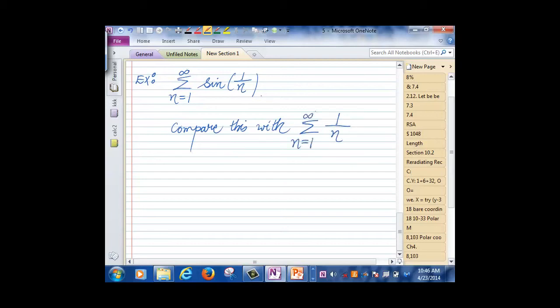And you might say, hey, why do you want to compare it with 1 over n again? Well, here's why. When n is big, 1 over n is very small, right? Now, you have to remember one fact about the sine function: sine of theta is approximately the same as the value of the angle theta itself if theta is small.